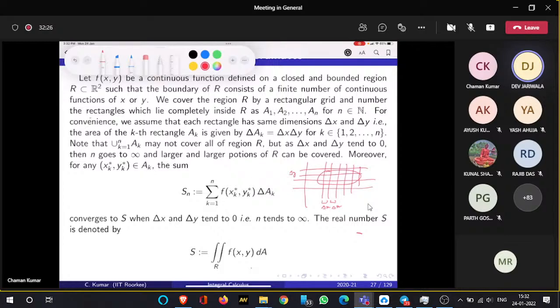Even if the function is continuous, sometimes we cannot find the explicit value, but the integration will exist. Sir, if we cannot find the explicit value, can we change the rectangular grid to something else? No, it will give you the same thing.